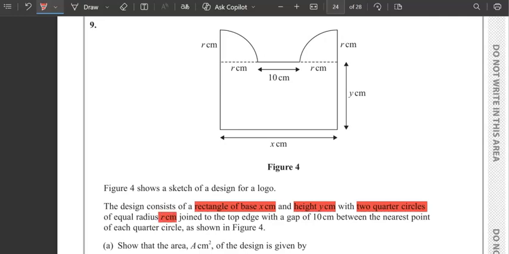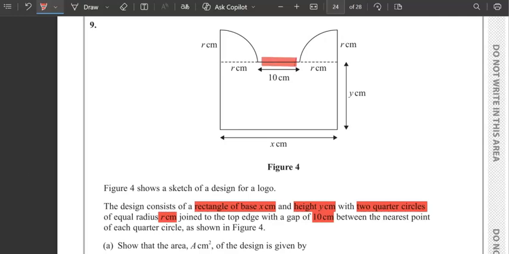So if there are 2 quarter circles, then definitely that means we'll have a semicircle. Then we are given a gap of 10 centimeters between the nearest point of each quarter circle as shown in figure 4. So this one we've been given on the diagram.